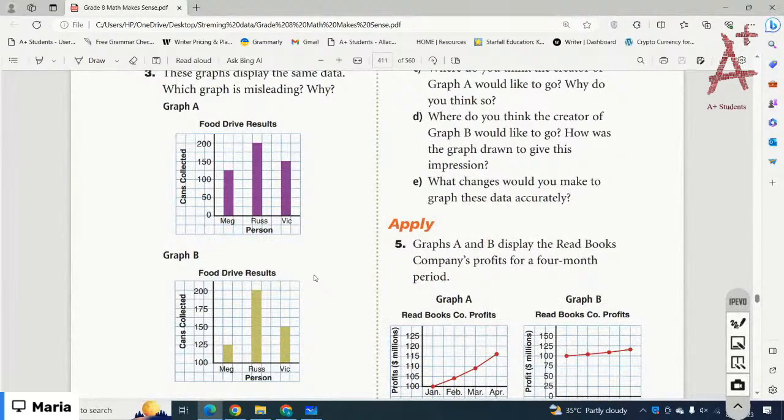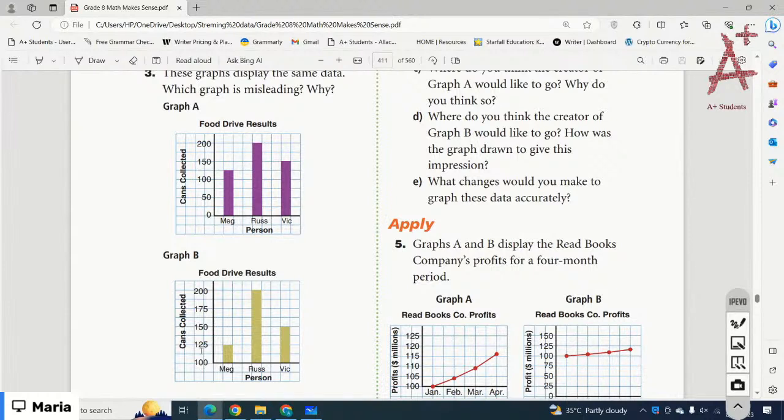Because you can see graph A is starting from 0, 50, 100, 150 and 200, and here it is 100. The origin of the graph is always 0 and 0, right? Because the scale starts at 100, and that makes every value look greater, about 4 times as much.